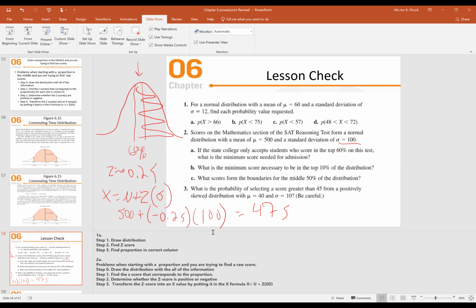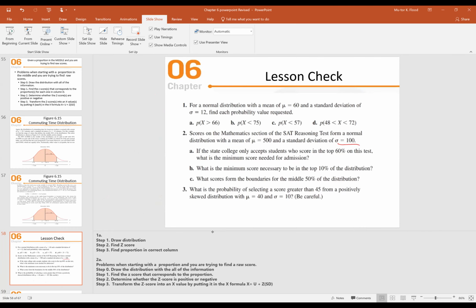So that would be the answer to question A. You need a minimum score of at least 475 for admission into this particular state college. We won't do B because that is essentially the same kind of question, but let us do question C, number 2C, I should say.